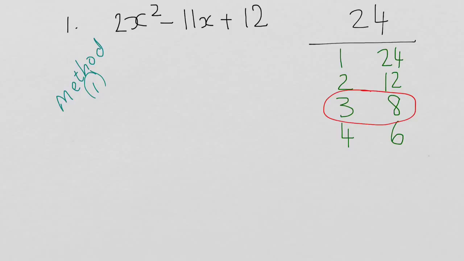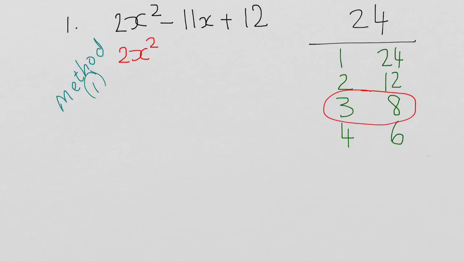Now, the next step, we want to rewrite this equation. So the 2x squared is going to stay the same, but instead of 11x, we want to put in our 3 and our 8. Now it's minus 11x, so it's going to be minus 3 minus 8, because that will give us minus 11.